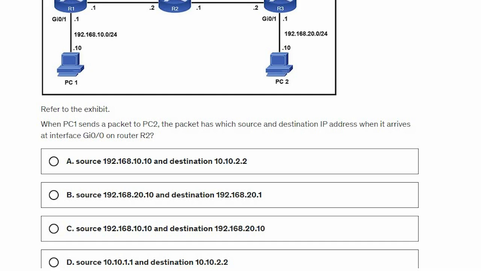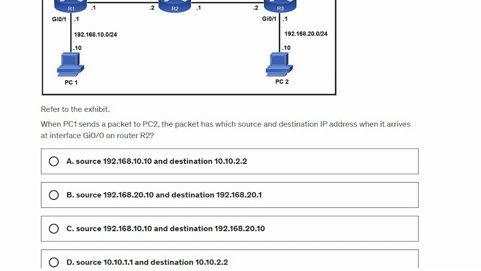Refer to this scenario. When PC1 sends a packet to PC2, the packet has which source and destination IP address when it arrives at interface Gi0/0/0 on router R2.